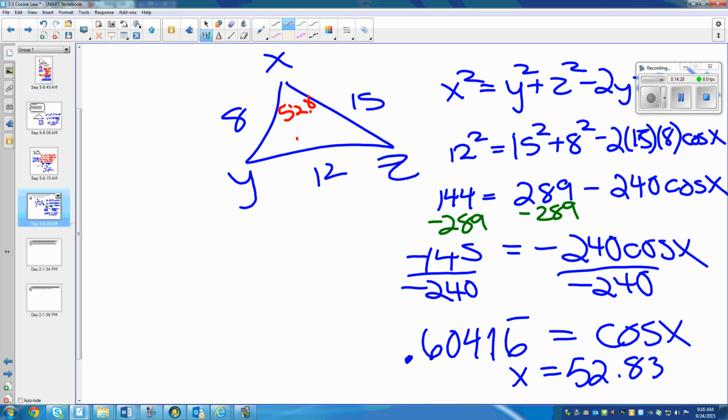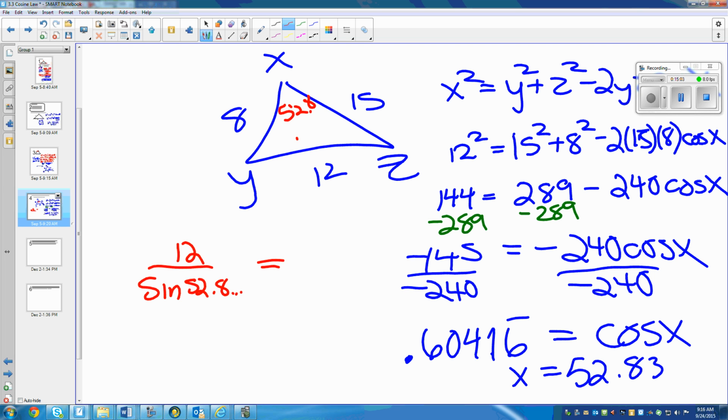Now, we just have to figure out one more and then we can do 180 minus, right? Now, some people will choose to do cosine law over again because then you have whole numbers all the way through, okay? Or we can use sine law. Want to use sine law? Okay, so sine law, we know that side length 12 over sine of 52.8, you carry that decimal though, right? is equal to, what angle do we want to solve for?